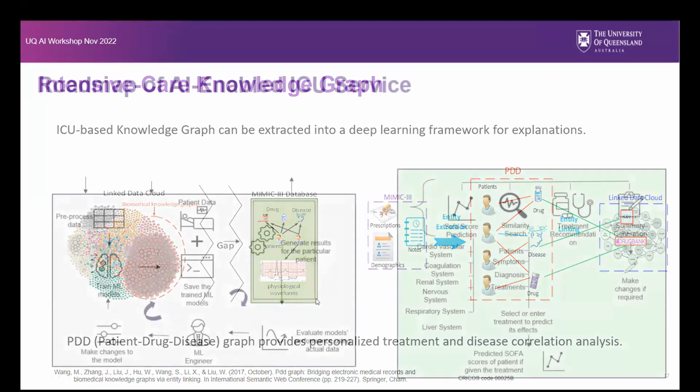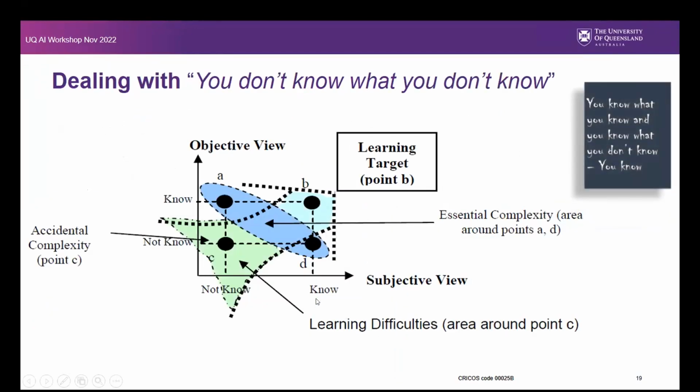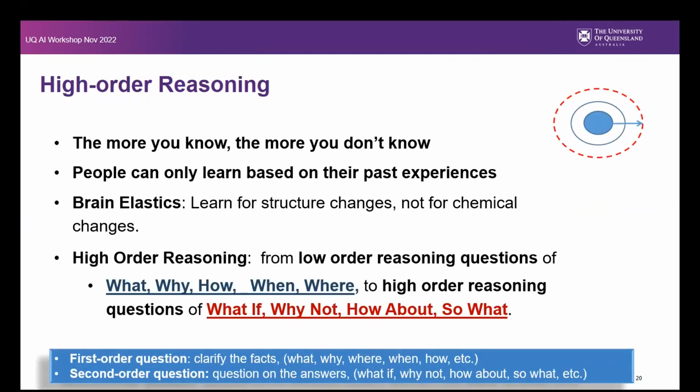Okay, so we need to introduce an inference engine to do this, and that is something we call high order reasoning. High order reasoning is different from low order.